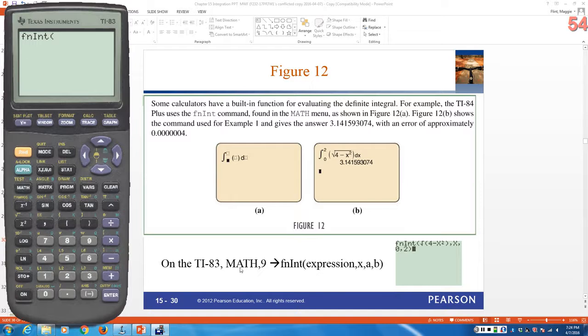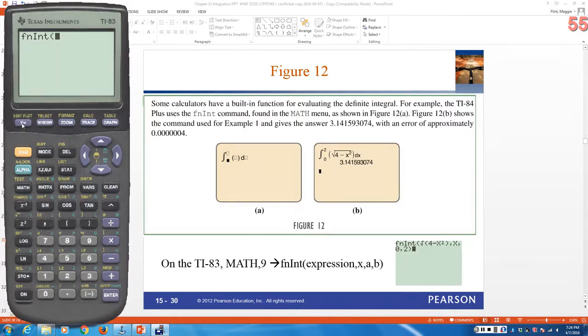On the 83, you have to put the expression, which is the square root of 4 minus x squared, then a comma, then x, what you're integrating with respect to, the independent variable, and then the bottom limit and then the top limit. It always goes A to B. If you put them in backwards, it'll tell you the area is negative. So be careful that you put in the bottom one and then the top one.